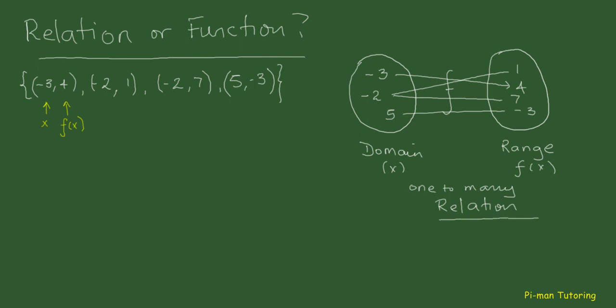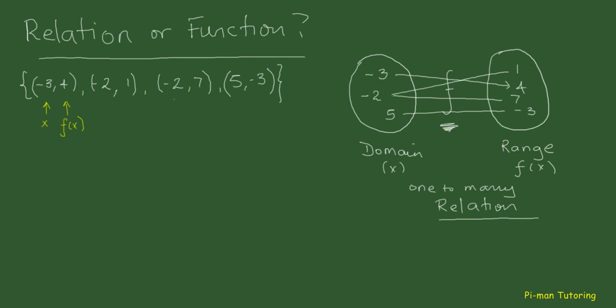It basically means that when you feed your number into this black box, this function, you cannot be sure what's coming out the other end because there's more than one possible output. If there's more than one possible output, it is a relation. For a relation to be a function, the input must guarantee a certain output.